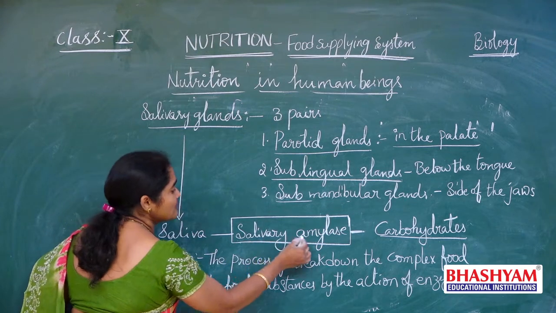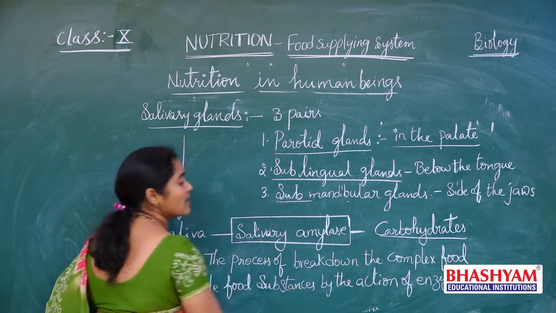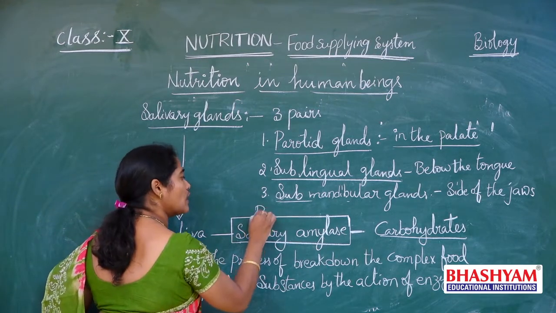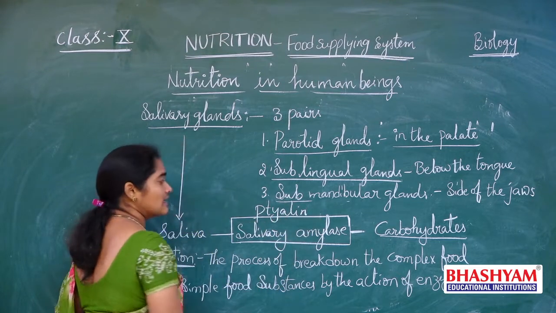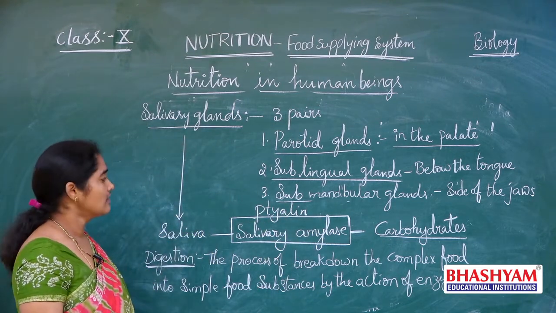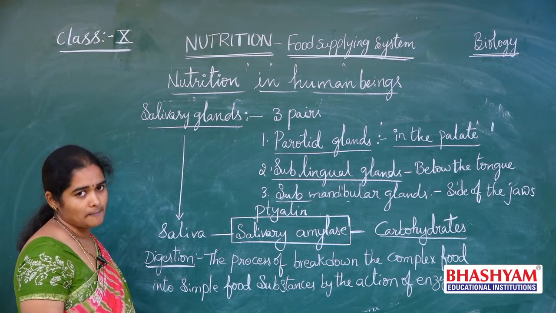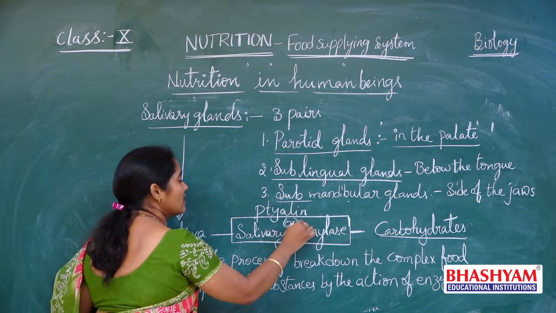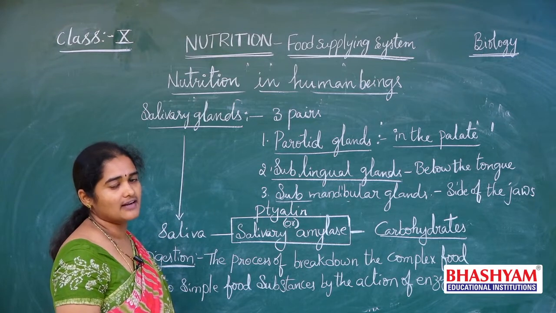The enzyme present in the saliva called salivary amylase. It is also called ptyalin. P silent here. Ptyalin is the other name for the salivary amylase. And this is the enzyme which starts the breakdown of carbohydrates.